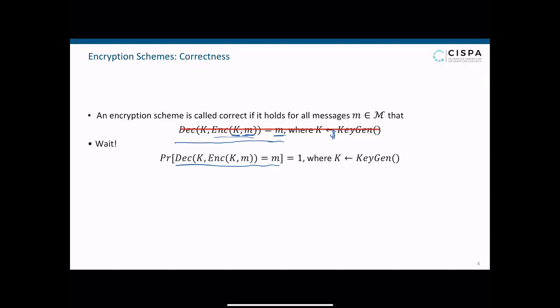You can do that, but it's actually better to do it this way, because if we look ahead a little bit, not this lecture, the correctness definition for encryption schemes can be relaxed by saying this is not 1, but say 1 minus epsilon for some small epsilon. It means we can have a certain correctness defect over the choice of the key. It means sometimes we choose bad keys for which certain messages and ciphertexts don't decrypt anymore.